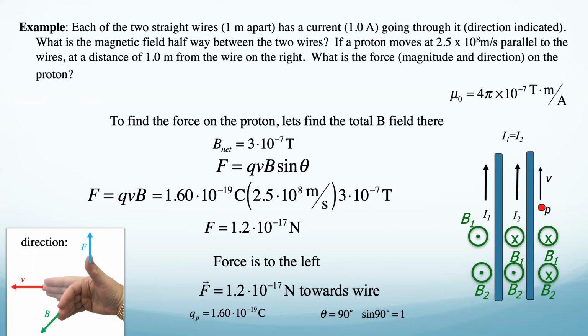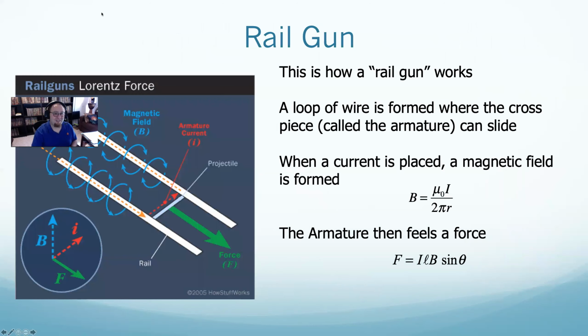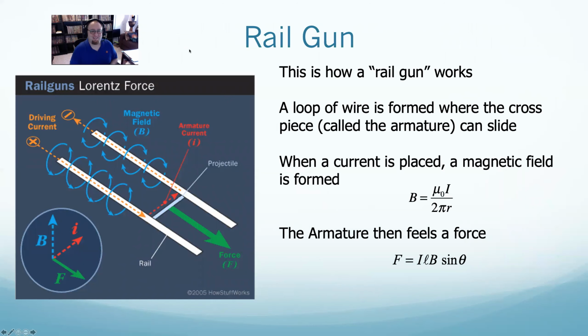All right. Now, a practical use for this, kind of practical. Well, it's practical to some people. I'm a little too much of a hippie to find it as practical as others do. This is what a railgun is. Like, literally, all of this is what a railgun is.